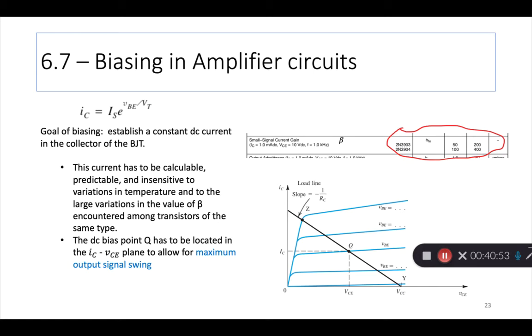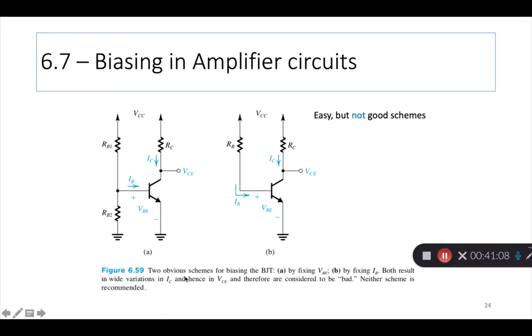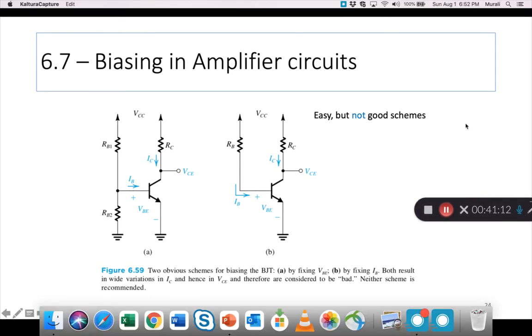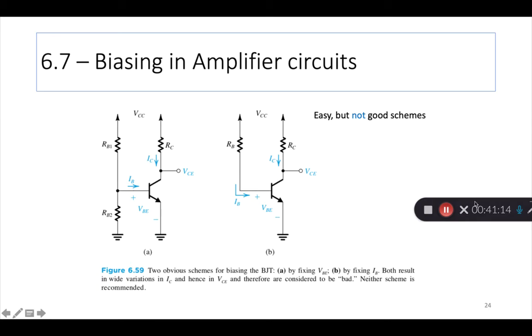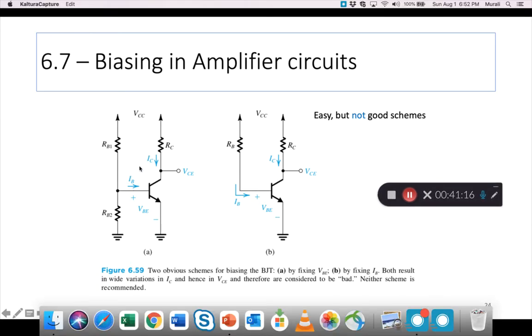So the fact that the beta varies so much has to be taken into account. So you must find a proper Q point. So we studied some basic biasing methods previously, including this.